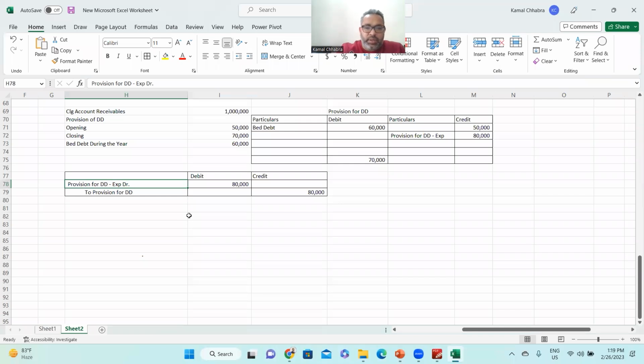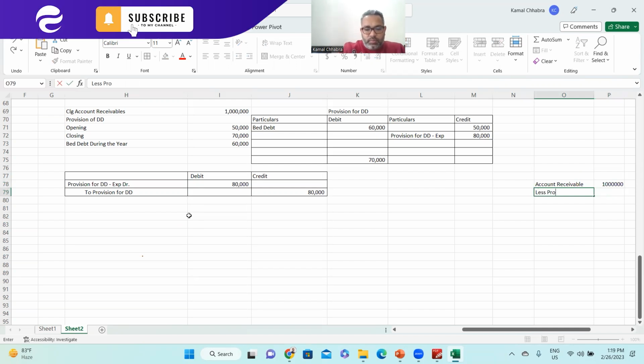So if you remember from your school days, your account receivable is, for example, $1 million. Then you have less provision for doubtful debt. Let's assume you have 70,000.